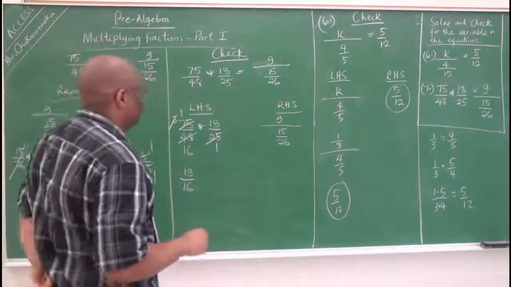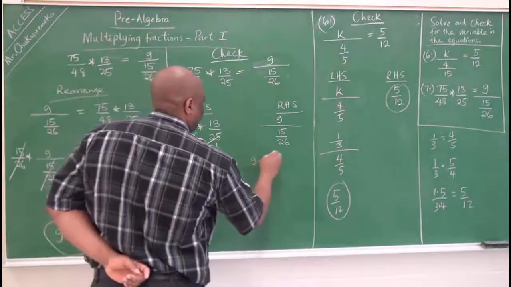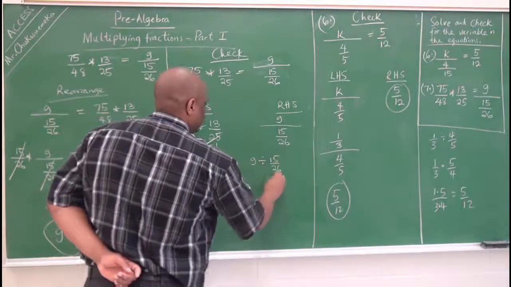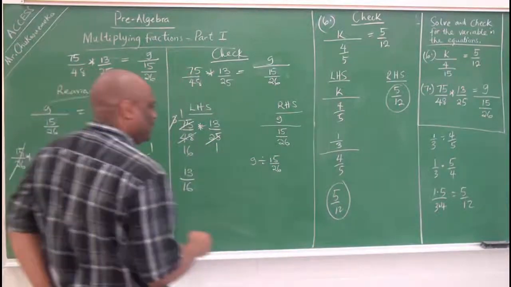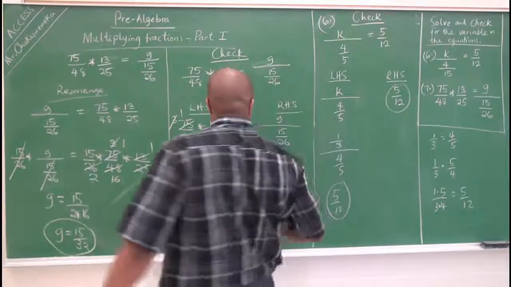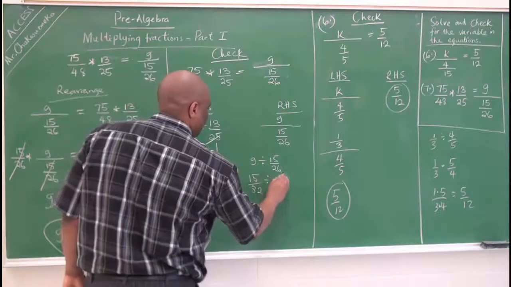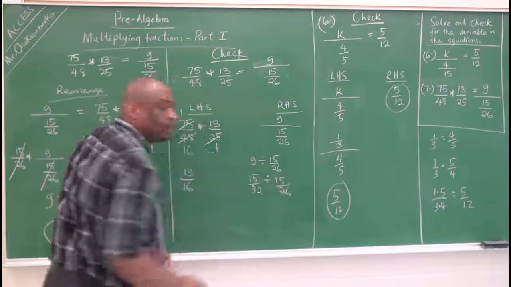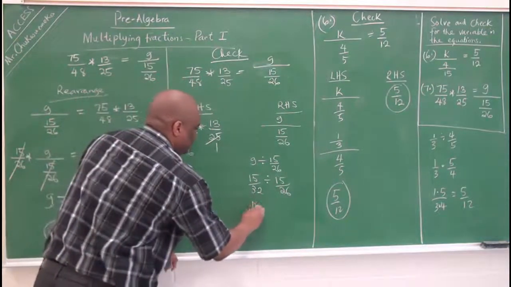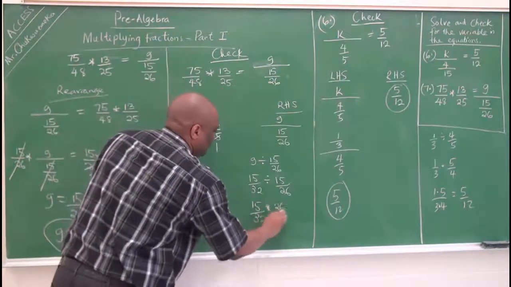On the right hand side will be G divided by 15 over 26. What did we get for G? 15 over 32. So this is 15 over 32 divided by 15 over 26. That means 15 over 32 times 26 over 15.